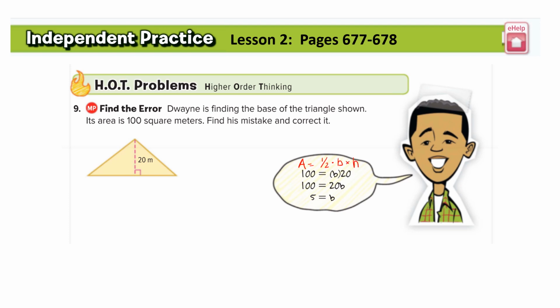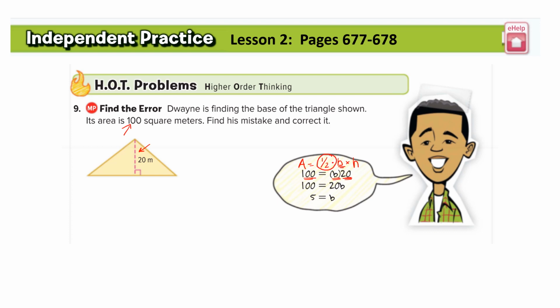So here the height is 20 meters, which he wrote, and we were told that the area is 100 meters, which he wrote, and the base he wrote. But he's missing the 1/2 part.